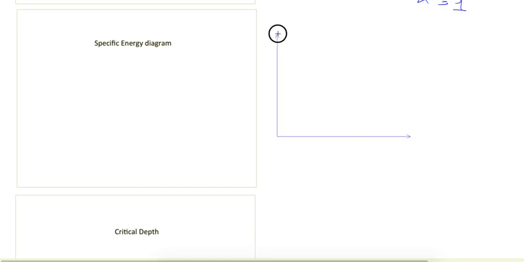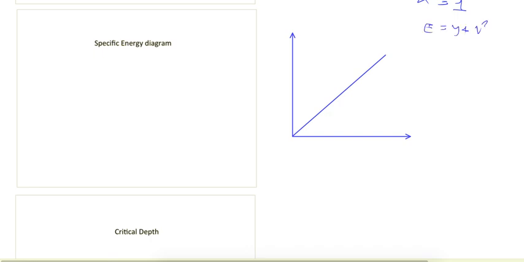Now let's see the specific energy diagram. The specific energy diagram is derived from the same formula as we saw above. So when we plot E versus y in this equation, E equal to y plus v square upon 2g, this line here is at 45 degrees, and it represents the E equal to y condition.